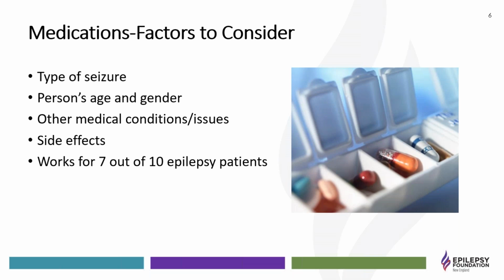Excessive facial hair, that's not pleasant for a woman. It actually coarsens the facial features. That's not pleasant for either gender. It causes gingival hyperplasia, which is an overgrowth of the gum tissue in the mouth. So there's things like that. The older drugs have these really significant side effects that we want to move away from.